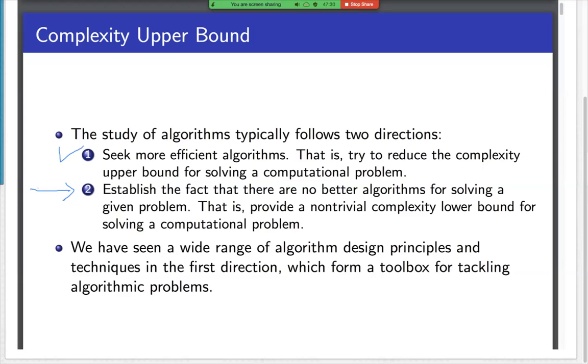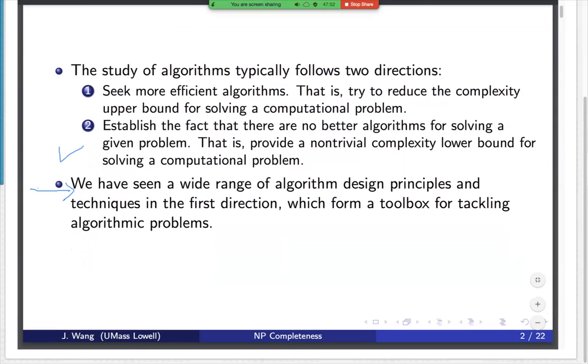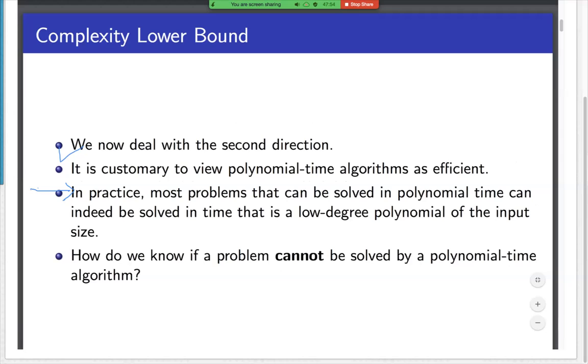Or if we can show that one of those cannot be solved in polynomial time, then all the others cannot be solved in polynomial time. Okay, so that's what we're going to address in this lecture. We're going to deal with the second direction.